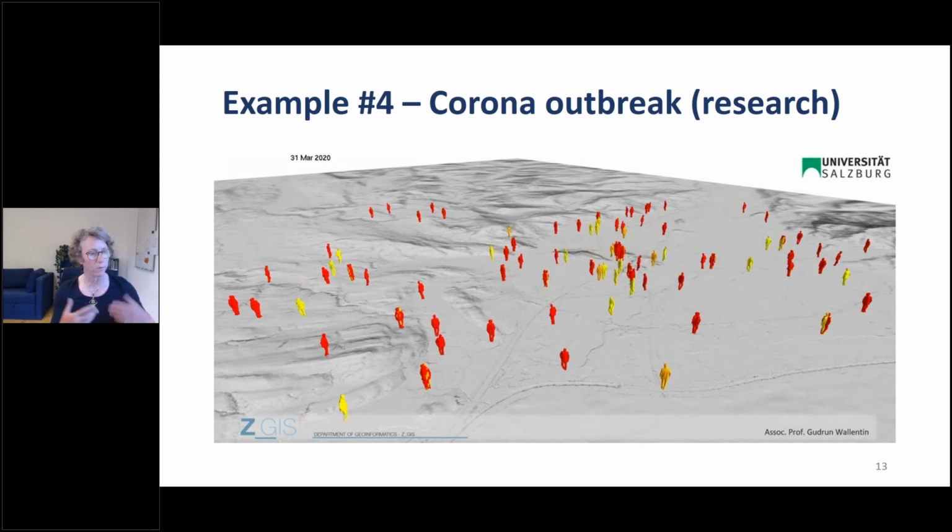So the spread goes on. From that, I made some scenarios about future possibilities to contain the outbreak. That was done really early, as you can see here, March 2020, really early at the beginning of the outbreak.